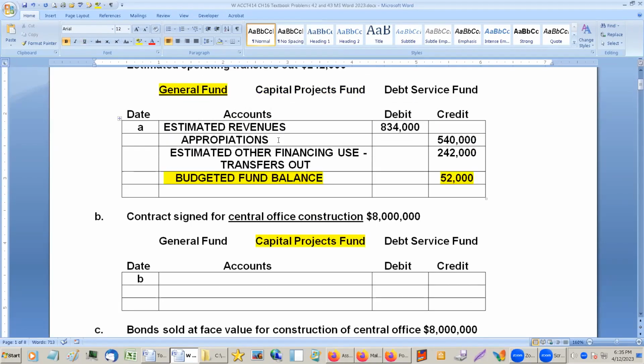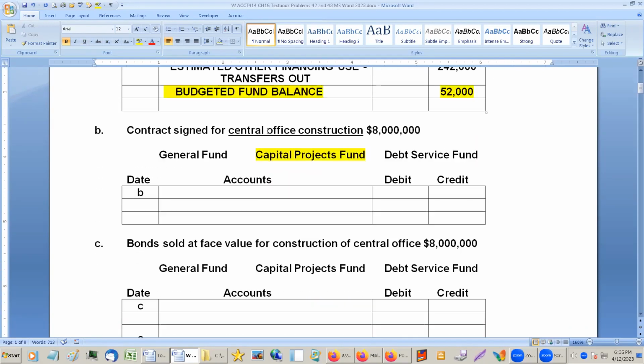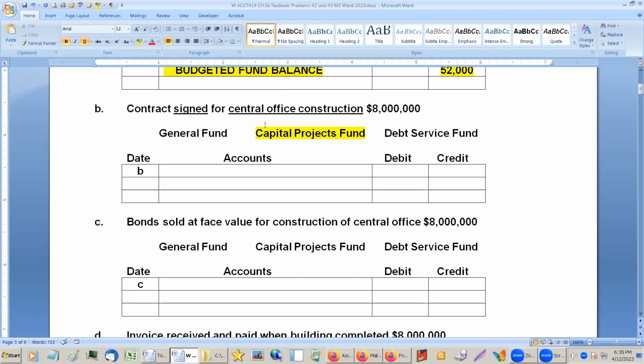Okay, so now this is all part of the fund accounting. They sign the contract. Now, nothing's happened yet, but they signed a contract for $8 million. So what journal entry are we going to do? In regular accounting, we wouldn't do anything because nothing's happened yet. They signed the contract, we don't know if they're going to show up. But in governmental accounting, we have to make sure that money's there.